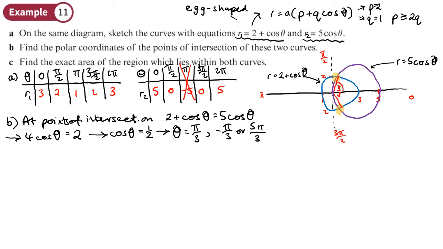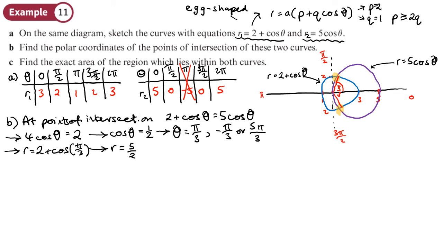Okay. And if I were to substitute that into the first equation, r equals 2 plus cos theta, and put in pi over 3, or negative pi over 3, I will get a value of r as 5 over 2.